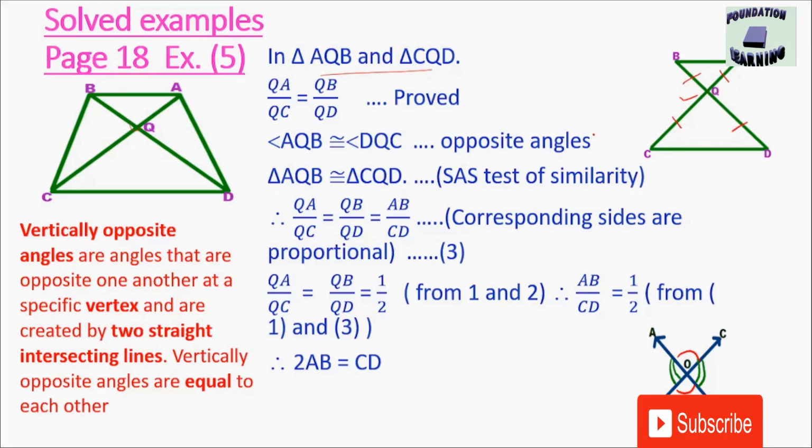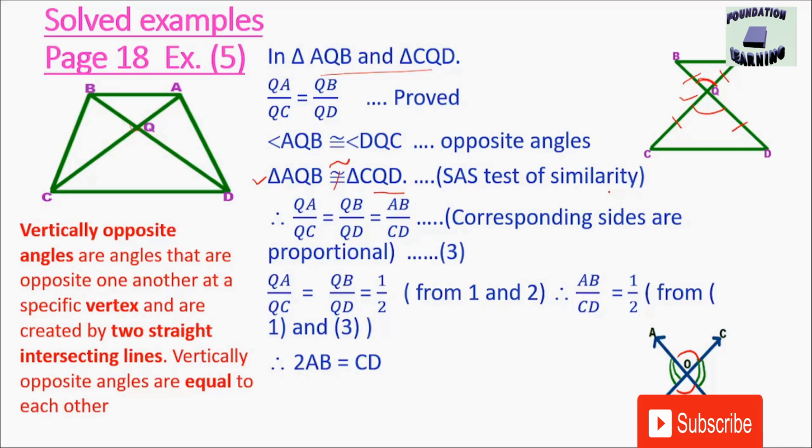And angle AQB is congruent to angle DQC. Why? Because they are opposite angles. And therefore, triangle AQB is similar to triangle CQD, they're not congruent, they're similar, because of the SAS test of similarity.